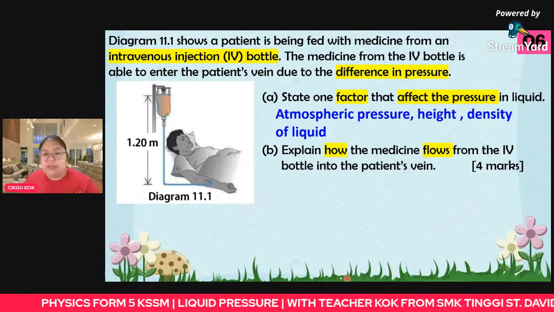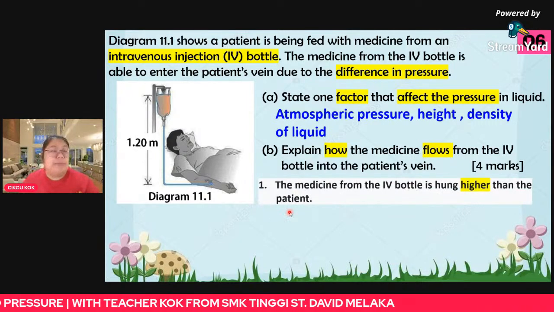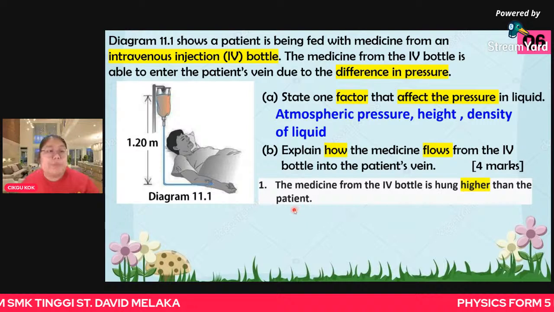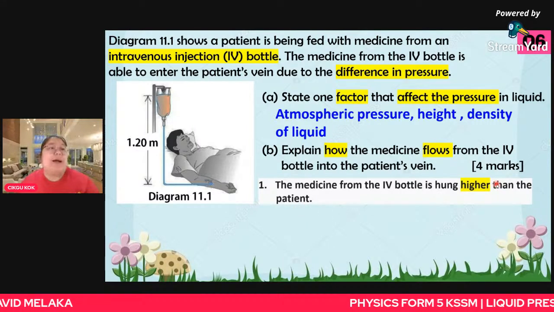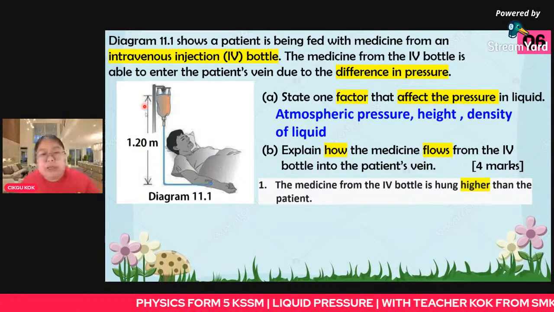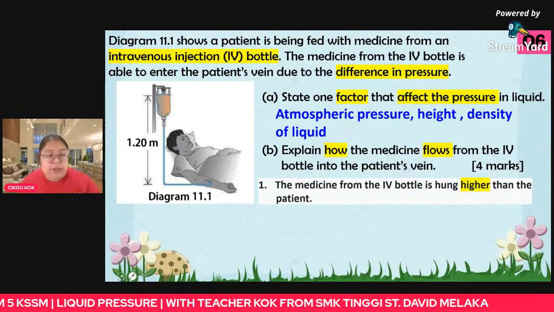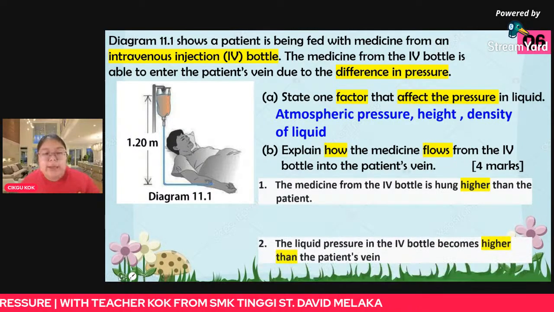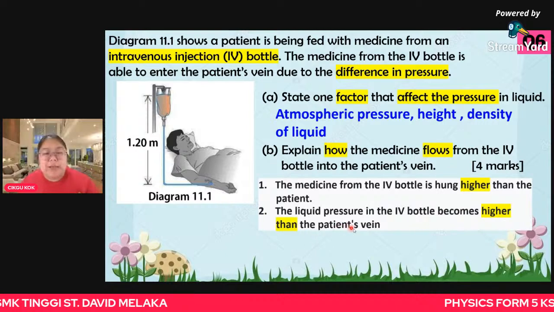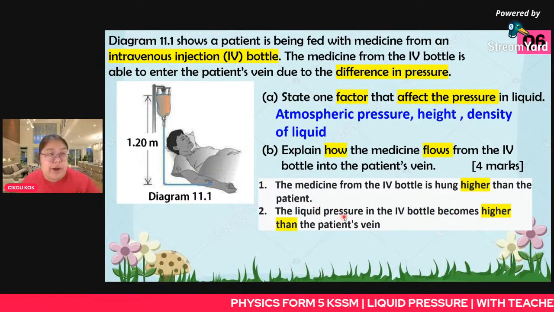Okay, we go and see how to get the 4 marks. First, they say the medicine from the bottle, the bottle is hung higher than the patient. So the first one is talking about the height. Maybe you just mention higher by about 1.2 meter from this diagram. The important thing is higher than the patient. Number two, why higher? The liquid pressure in the bottle becomes higher than at the patient. After we talk about the height, number two, we talk about the pressure.